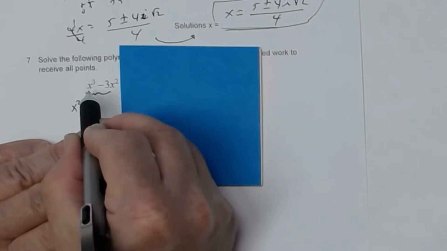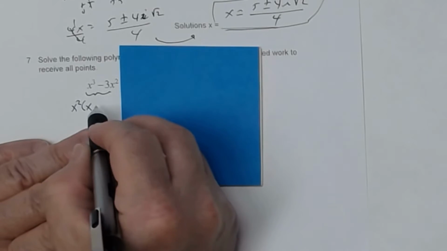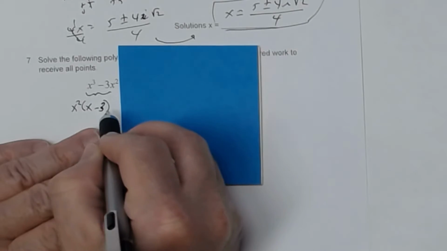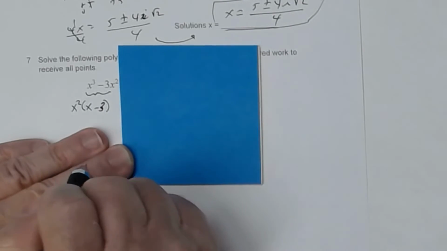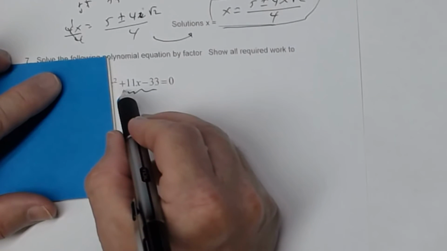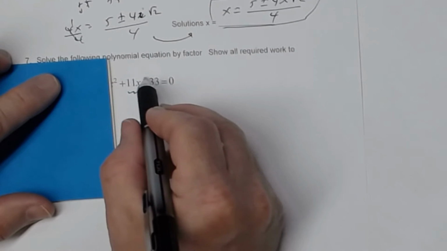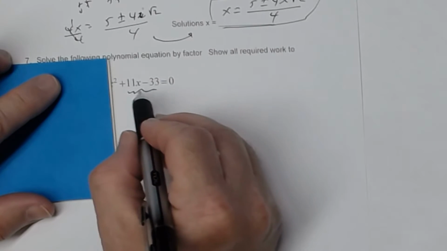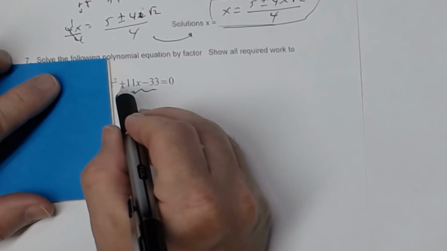And when I factor out an x squared, I get x squared times x is x cubed minus, and then x squared times 3 will be a negative 3x squared. Now, for the second group, you have to recognize that the GCF of the second group is 11. But remember, you're always going to factor out that sign right here.